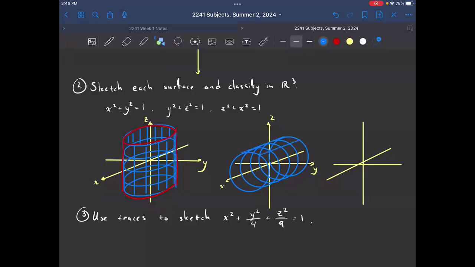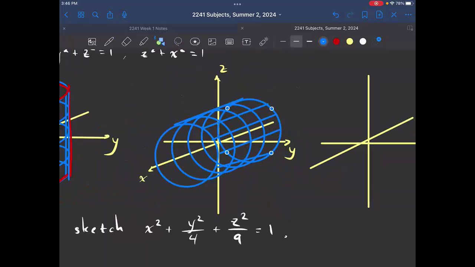1, 2, 3. Oop, not what I wanted, sorry. 3, 4, 5. Hard. Zoom in here and, oof, boy.